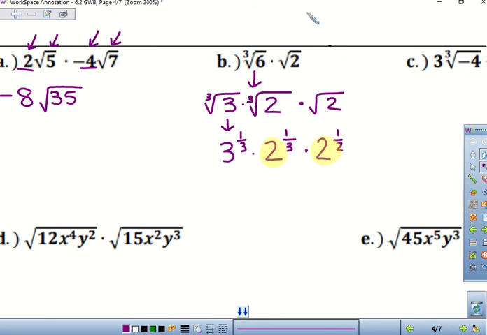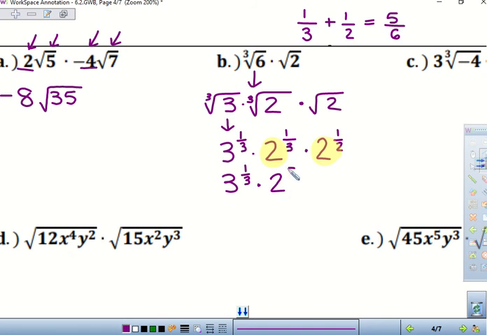Add them together. So because I now have something with the same base, I can add 1/3 plus 1/2, which if you find common denominators, do all that, you get 5/6. Okay? You can just trust me, I promise. So this is going to be 3 to the 1/3 times 2 to the 5/6.